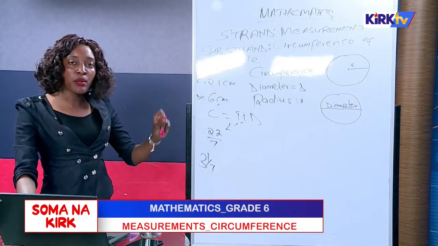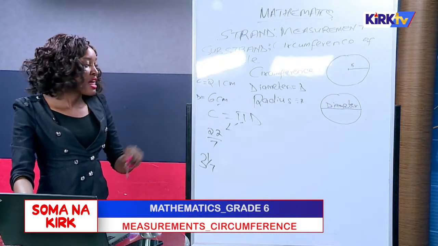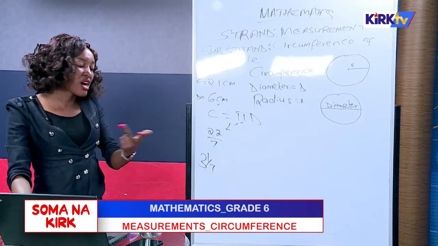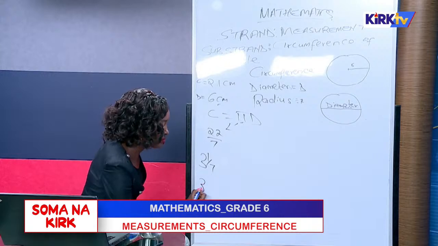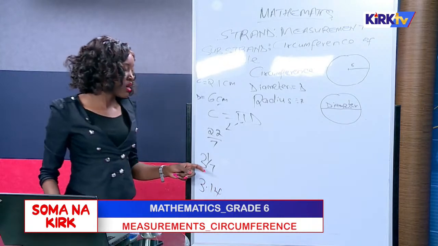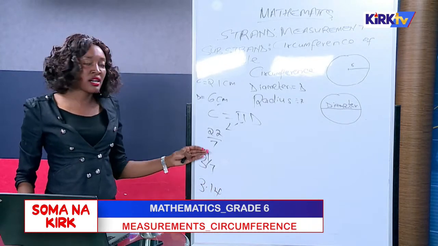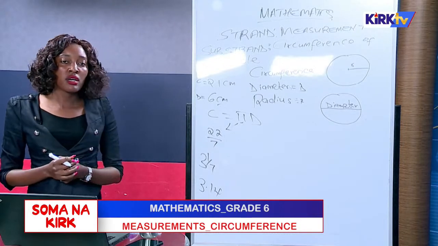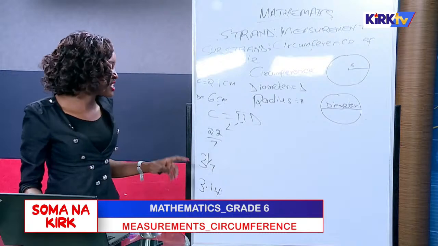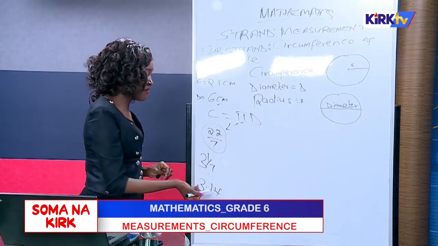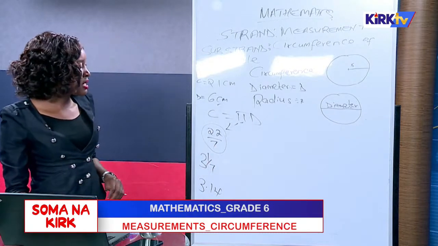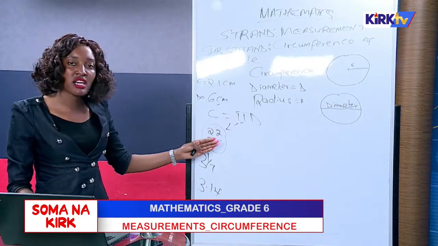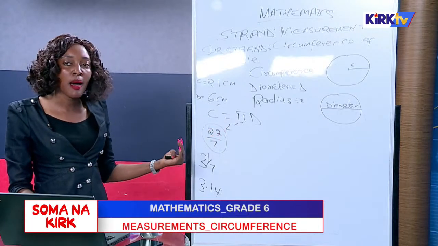Convert it into an improper fraction. The other pi that you can use is 3.14. They are constants and they are the same. In our level, we are going to just use 22 over 7, all right? And that is basically what we call pi.